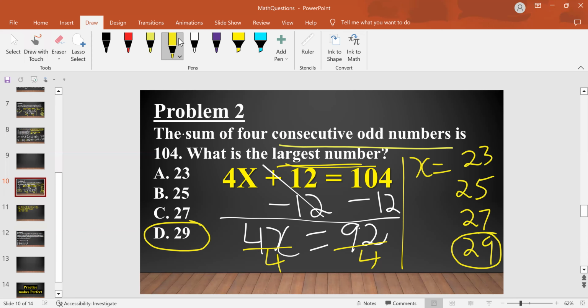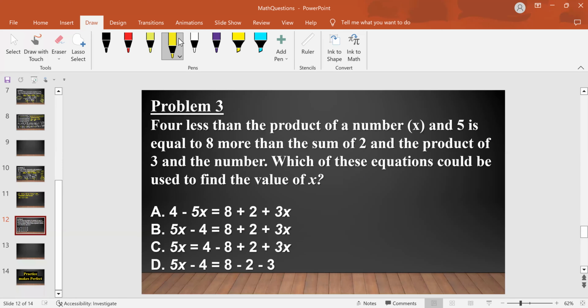The last problem, problem 3. 4 less than the product of a number x. If you watch part 1 of this topic, you will understand that with less than, you're going to switch the words.